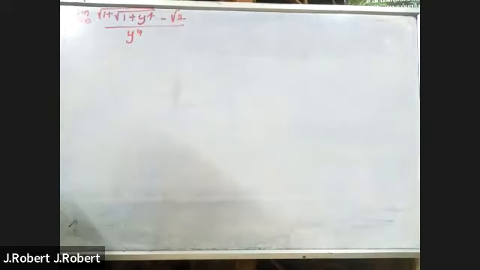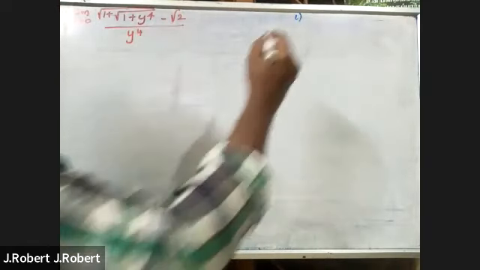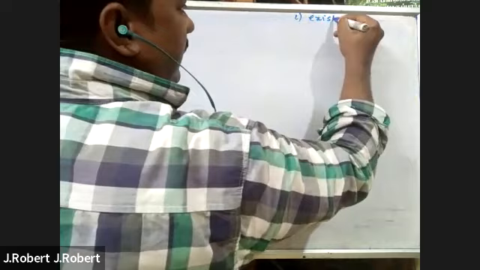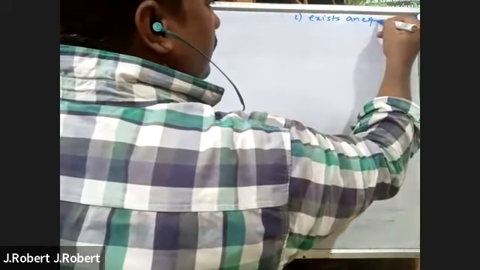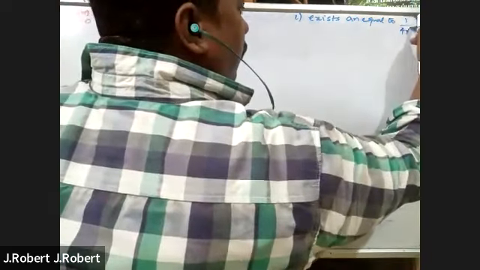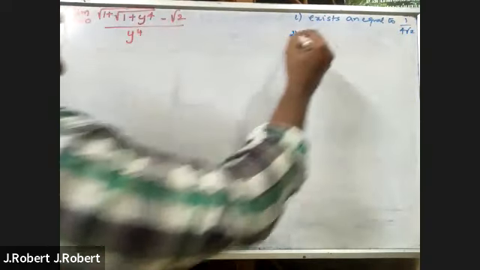Take down the options. The first option: the value exists and equals 1 divided by 4 root 2. The second option: does not exist.